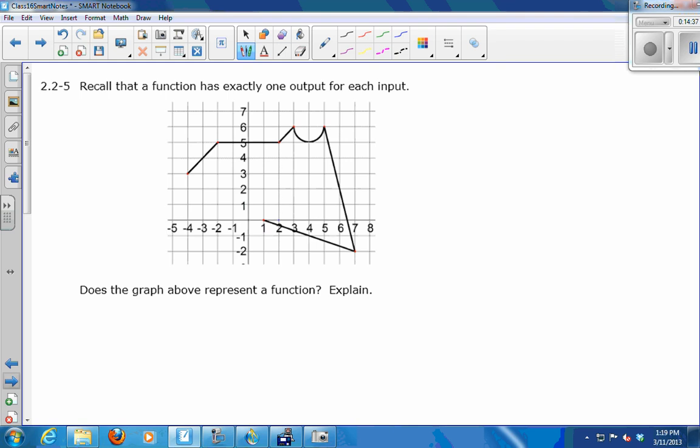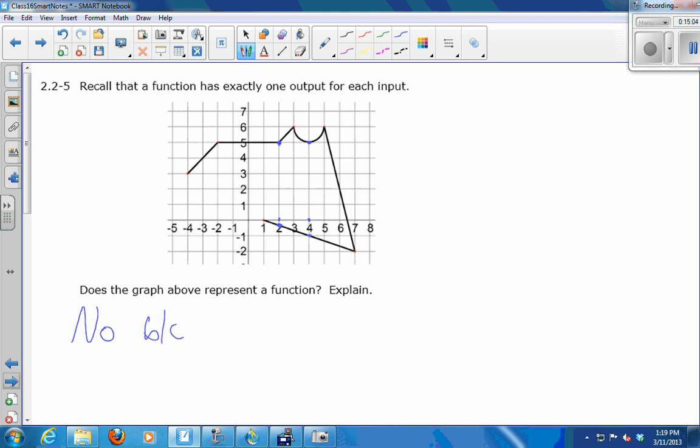Yep, so if I look at the input of 2, I have an output of 5 and an output of -1/3, something like that. Or if I put in 4 as my input, I have 2 different outputs, one at 5, one at -1, right? So I have some inputs that are giving me more than one output. That makes this not a function.